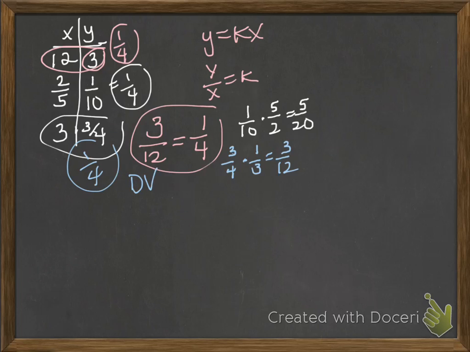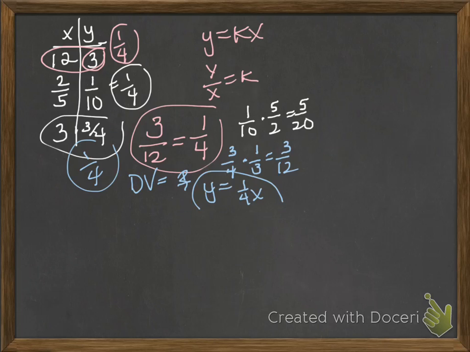In this case, the k is 1/4, so my equation is y is equal to 1/4 times x. Okay, hopefully you got a good idea now of how to be able to tell if tables of values represent inverse variations or direct variations, how to find the constant of variation, how to write the equation.